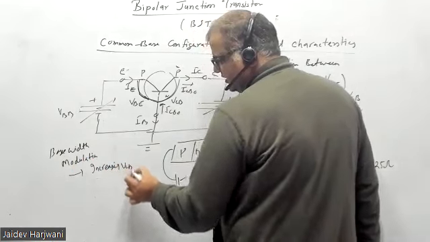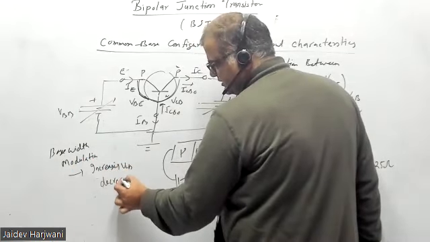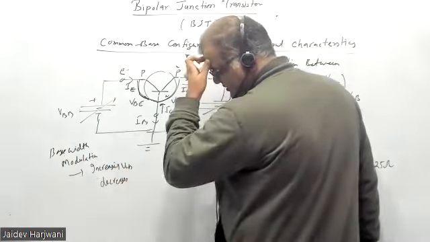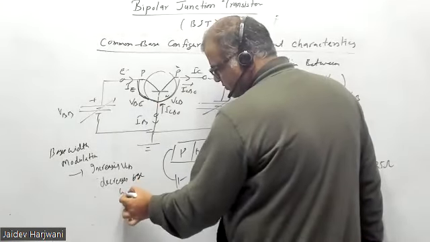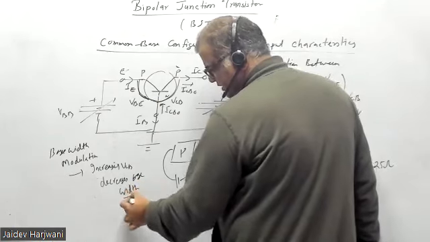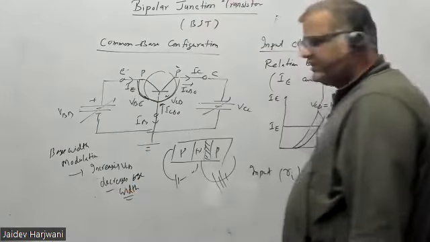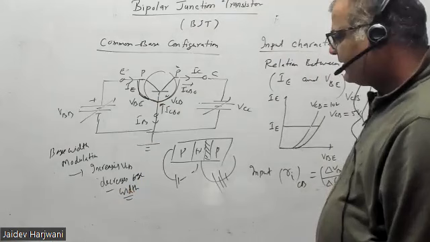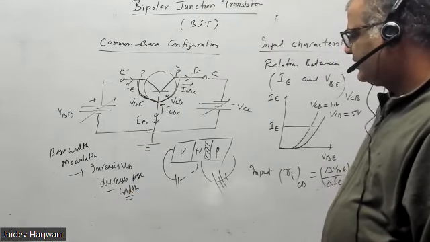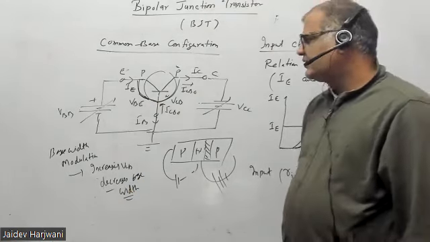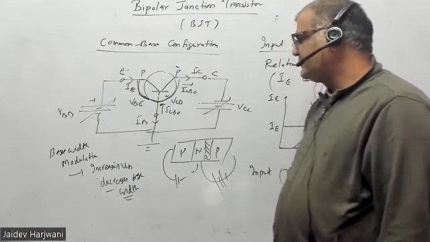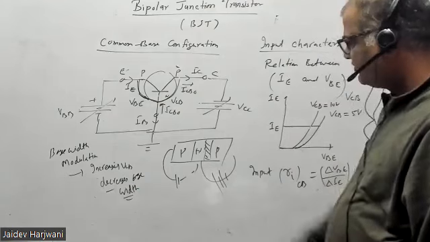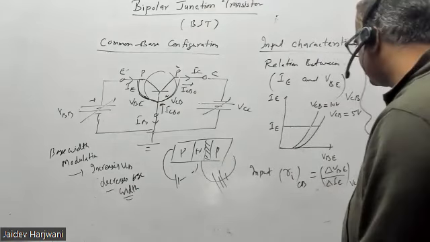Increasing VCB decreases the base width. Okay, base width decreases, and the minority concentration gradient increases. That we'll discuss later sometime, but for the moment you have to remember this point.